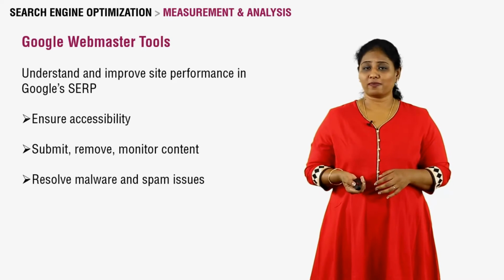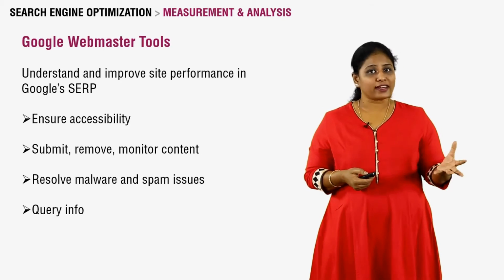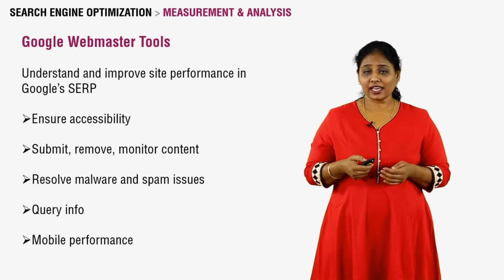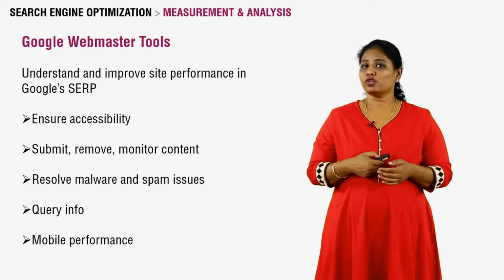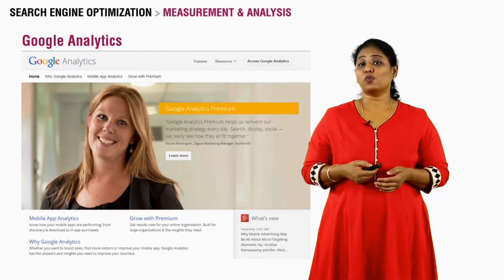You can also resolve malware and spam issues, as well as find what queries your site is appearing on and how you can improve that. And finally, how your site appears on mobiles and what are the factors that you need to improve the mobile usability of your site.